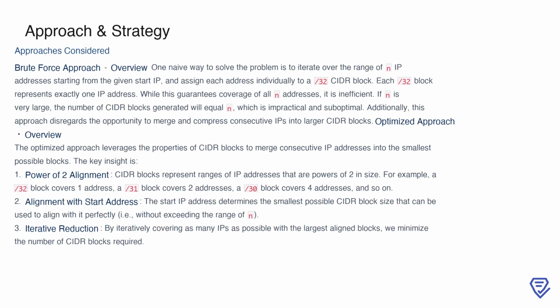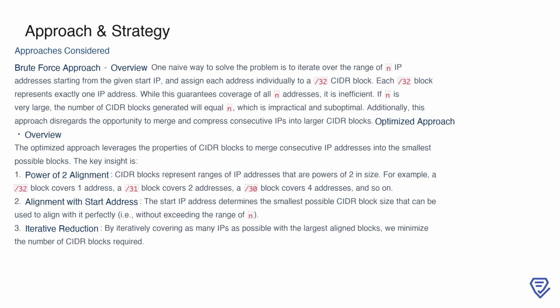To approach the problem of converting a range of IP addresses into CIDR blocks, let's first consider a brute force method. This involves iterating over the range of n IP addresses, starting from the given start IP, and assigning each IP address to its own /32 CIDR block. Since each /32 block represents precisely one IP address, this ensures that all addresses are covered.